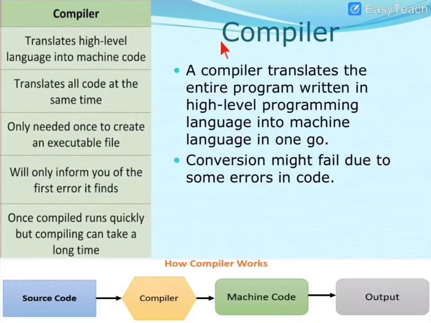Whereas in a compiler, all the errors that the compiler finds in the code will be told to you at the end of the translation process, and you can get rid of those errors in the source code and then start the compiler again. And if there are not any errors, the whole program will be converted into machine code, and then finally you will get your desired output.